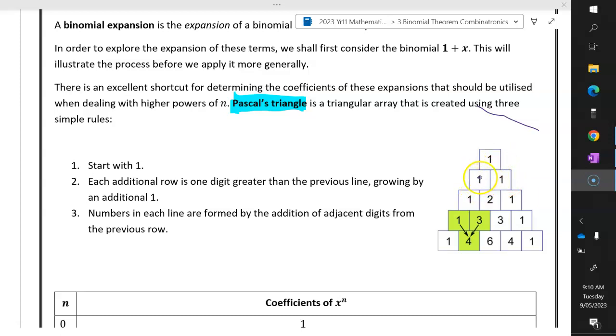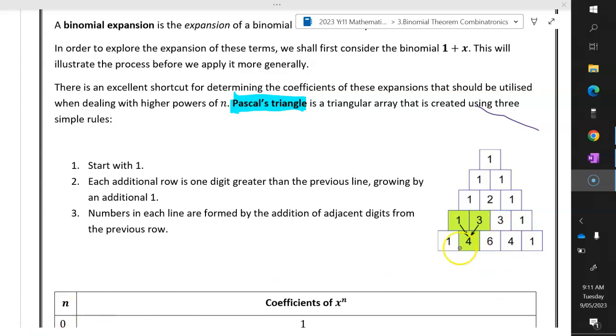Here, I'm going to add 1 plus 1 to get 2. Our 1s end up as the first term and the last term. So we add 1 plus 2 to get 3, 2 plus 1 to get 3, and our 1s sit on the end. 1 plus 3 to get 4, 3 plus 3 to get 6, and so on. 3 plus 1 to get 4. And this continues infinitely.